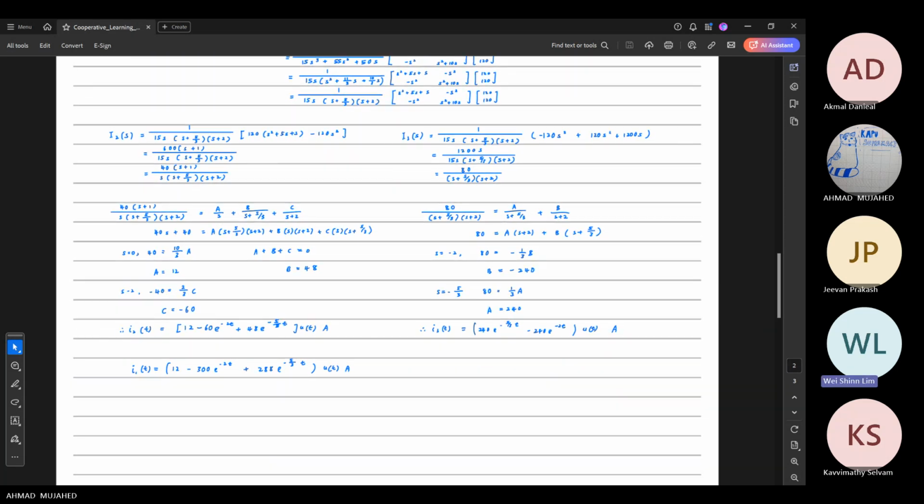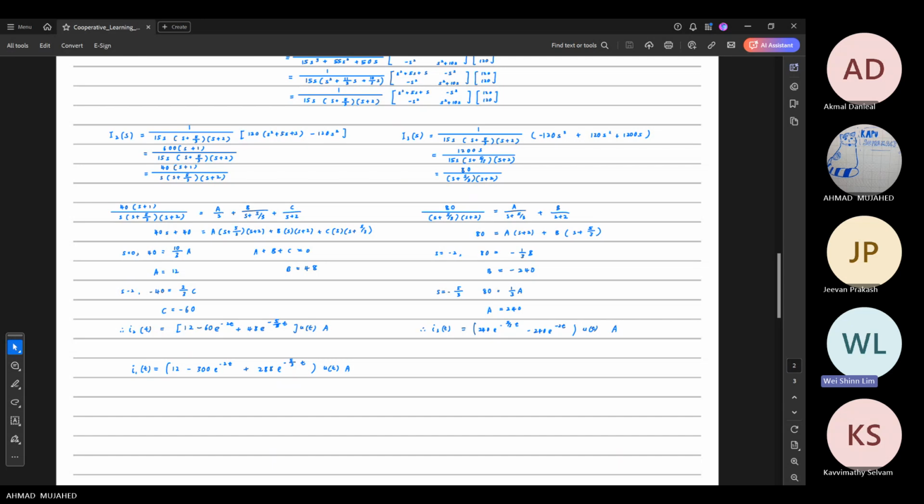Then later on, we will use partial fraction to break into smaller terms. And after we found A, B, and C, we will convert this S domain back into the time domain. And then from here, you can see the equation in time domain for I2 and I3.